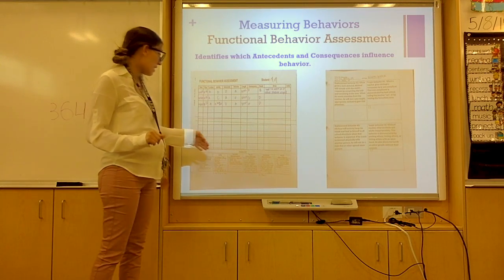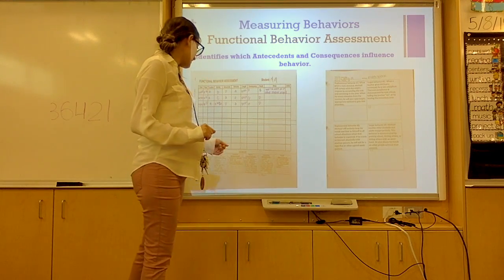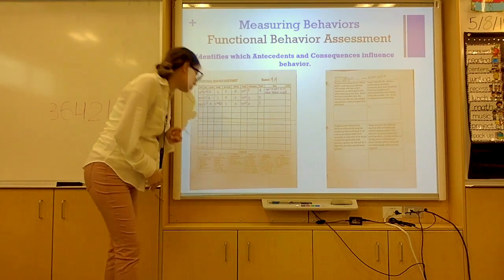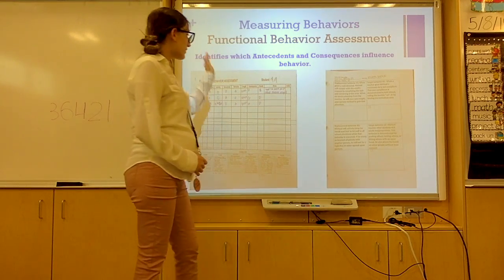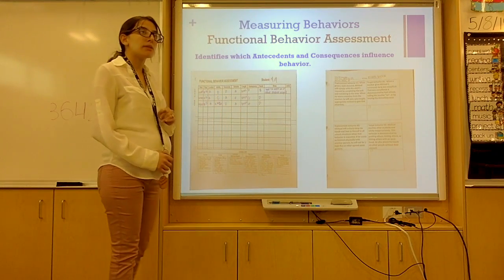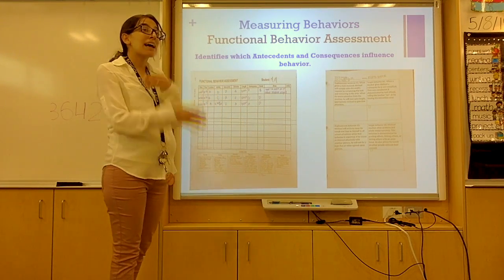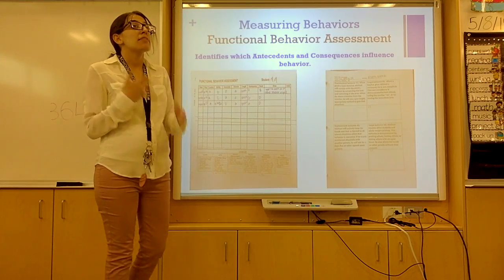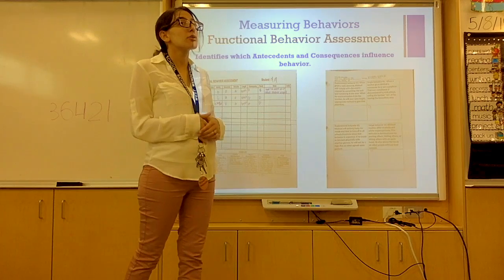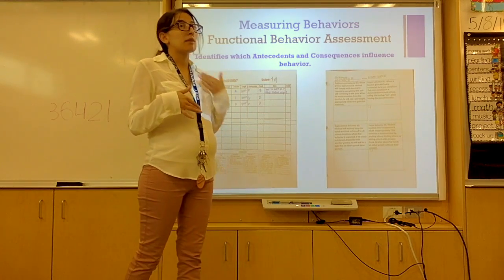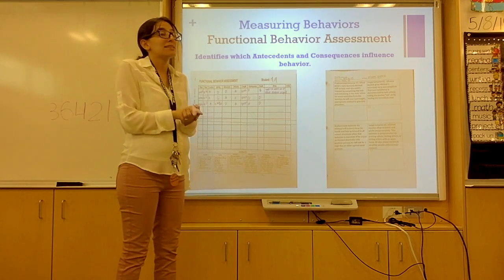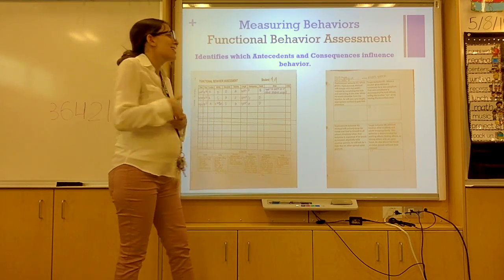So if every time during the calendar rug they were told no, then they screamed and ran, and I gave them a verbal reprimand, and that was still occurring, then we had a target behavior, and we had to introduce another behavior, a replacement behavior, in order to lessen that behavior, if that makes sense.